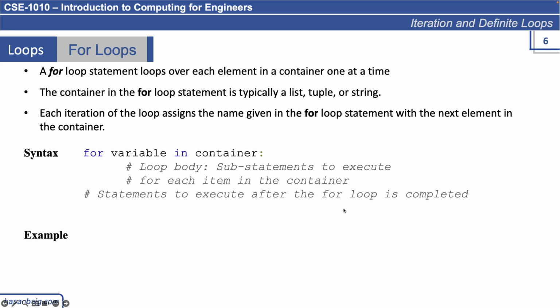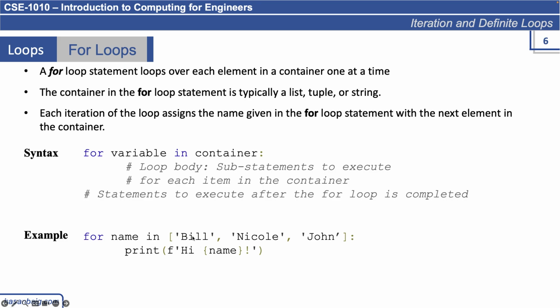Let's take an example here. For name: name is the name of the variable that we are giving here. It could be anything. You can give any name to this variable. This is the in operator, which we have already discussed.